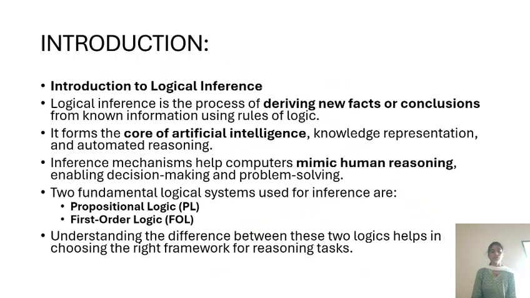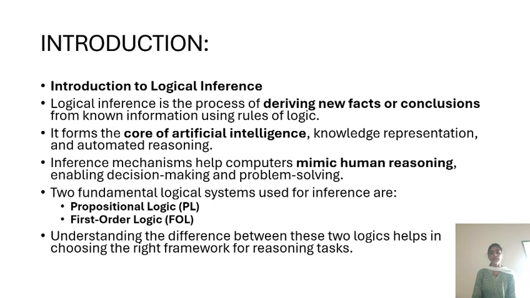Here is the introduction. Introduction to logical inference. Logical inference is the process of deriving new facts or conclusions from known information using rules of logic. It forms the core of artificial intelligence, knowledge representation, and automated reasoning.